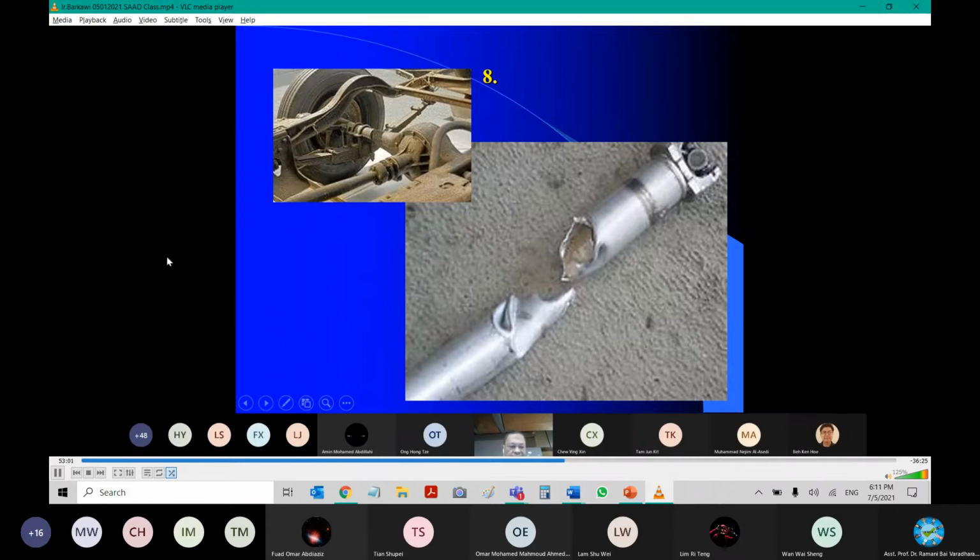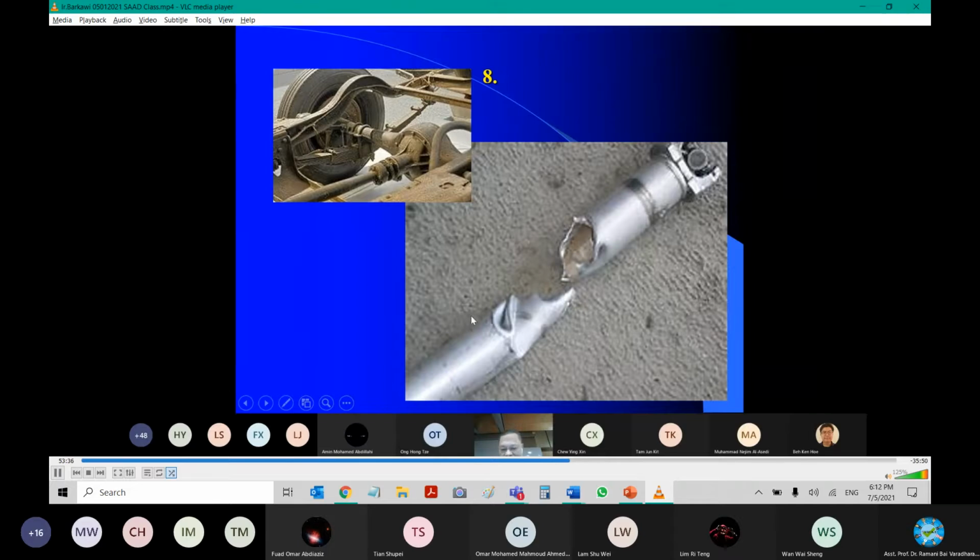So the engine is in front here, and then the gearbox, and then this shaft is rotating through this differential unit, and this differential unit actually rotates this gear, this wheel, to propel the vehicle forward. Now this shaft is transmitting mechanical power, and it is under shear all the time. And if the shear stress is above the capacity of that, this is what will happen.